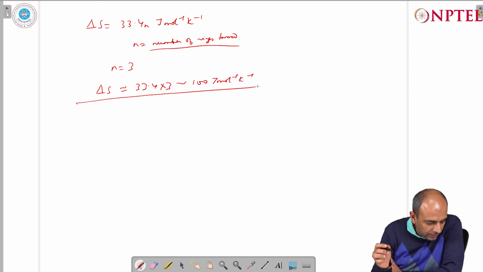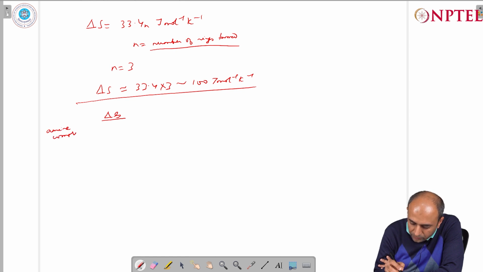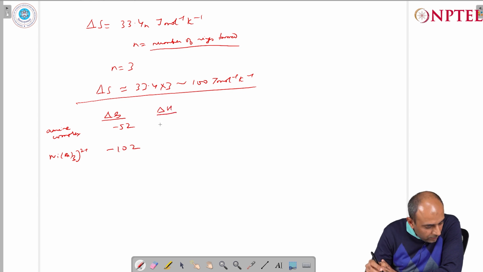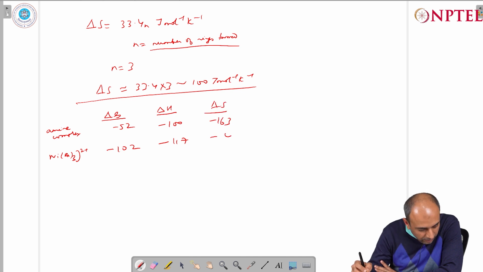And we have looked at this aspect from thermodynamic data as well. So, let us look at the thermodynamic data for the amine complex and for the nickel En3 2+. This is minus 52, this is 102, this is minus 100, minus 117, and this is delta H minus 163, minus 42.